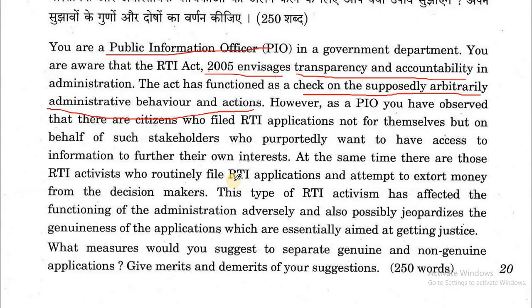At the same time, there are those RTI activists who routinely file RTI applications and attempt to extort money from the decision makers. This type of RTI activism has affected the functioning of the administration adversely and also possibly jeopardizes the genuineness of the applications, which are essentially aimed at getting justice.